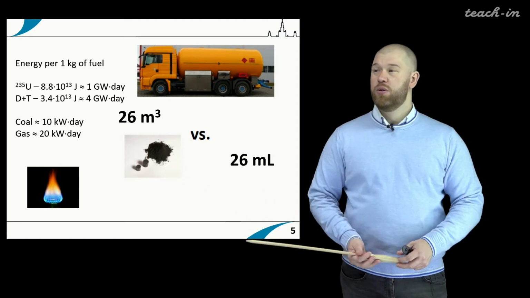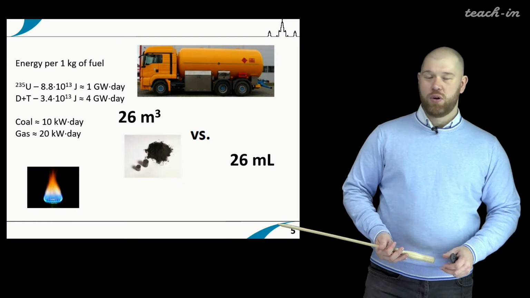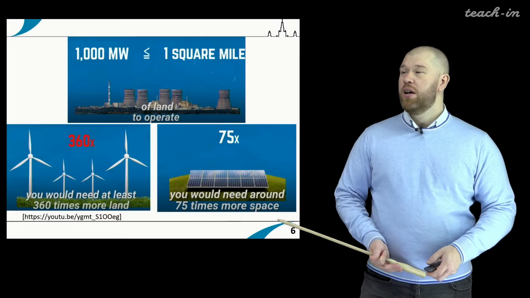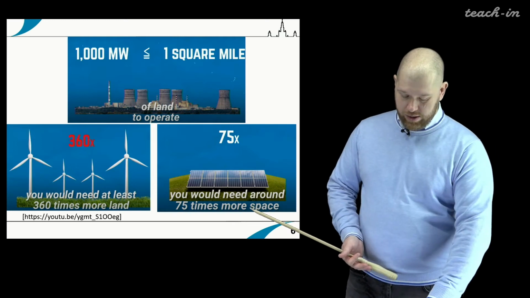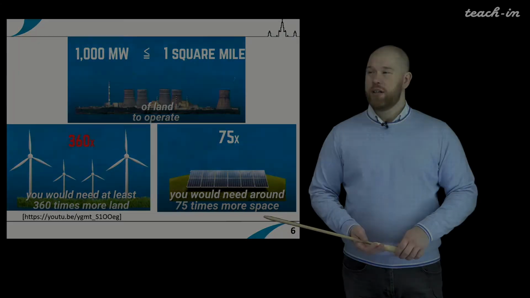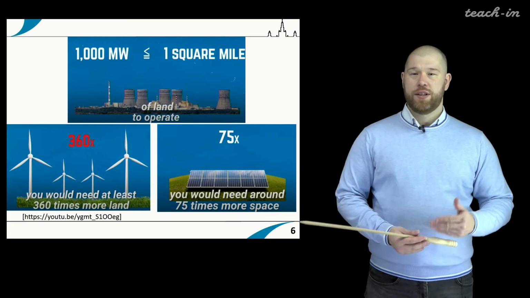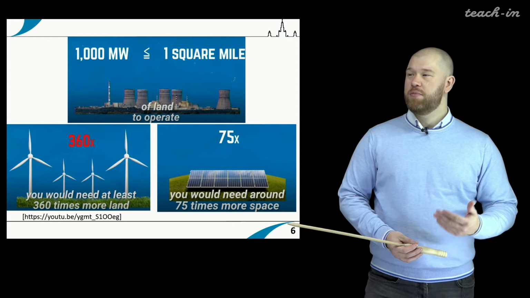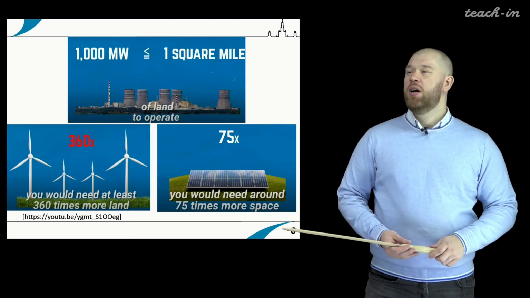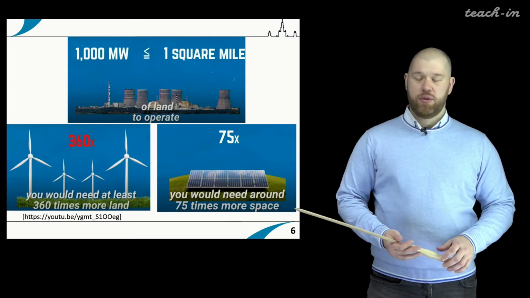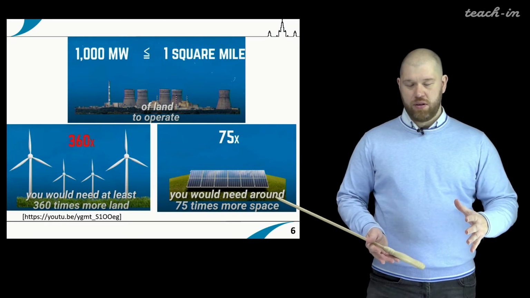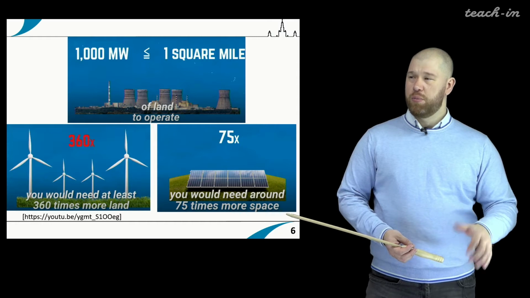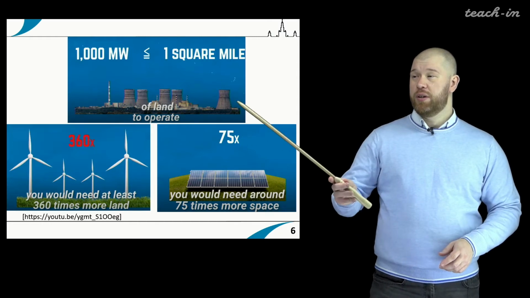So the nuclear fuel is much more dense in terms of energy, and it further means that for production of the same energy or the same power, we will need much less volume of our power plant when we use nuclear.